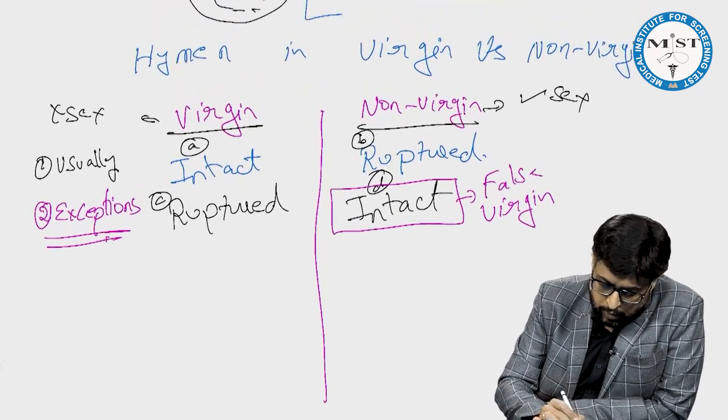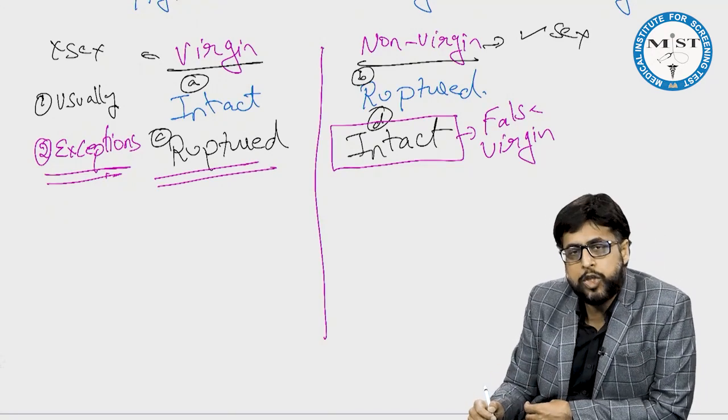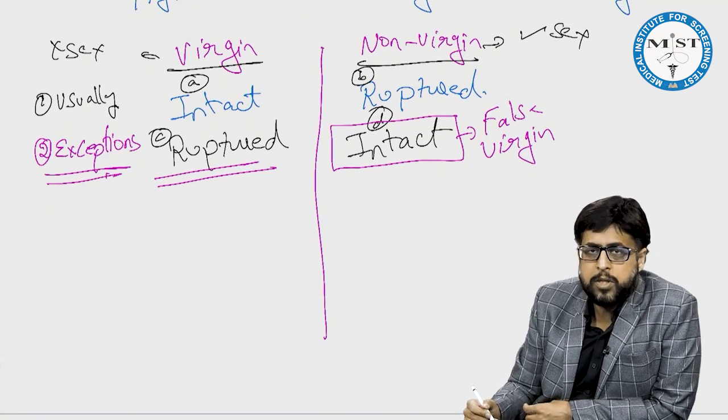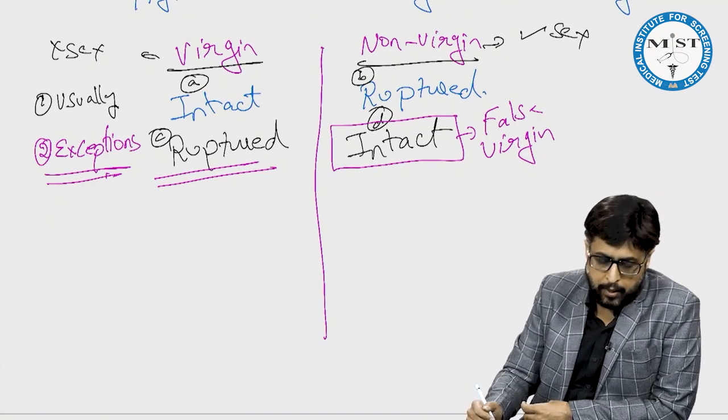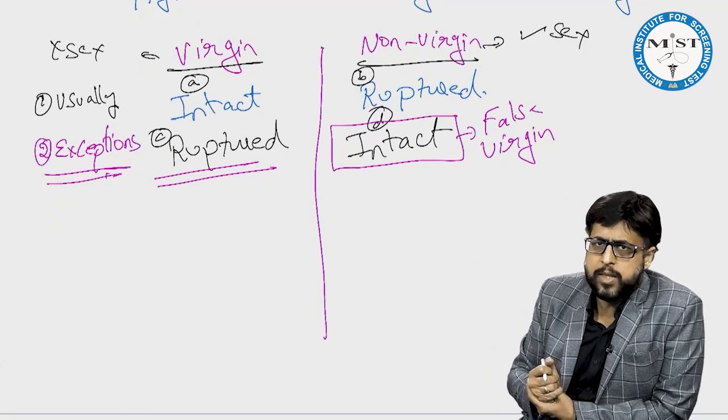Now, first of all, let us discuss the conditions in which hymen can be ruptured by conditions other than sex. Can you think of some conditions? It's a straightforward common sense thing.